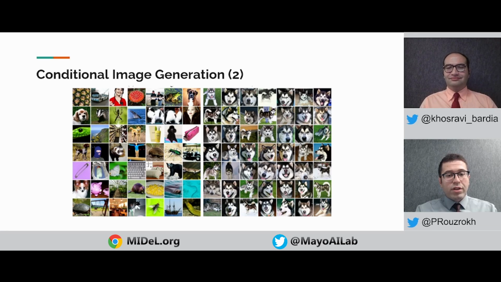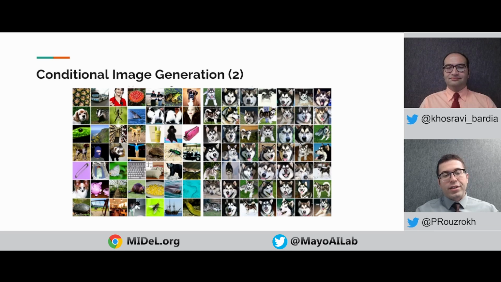For example, when you look at the images here, on the right side of the screen you are seeing images that are all from the husky class, one specific class of dog. Whereas on the left side of the screen, you are seeing the same model producing images in an unconditional fashion. So this means that when using DDPMs, you have the capability to create synthetic images for specific classes.